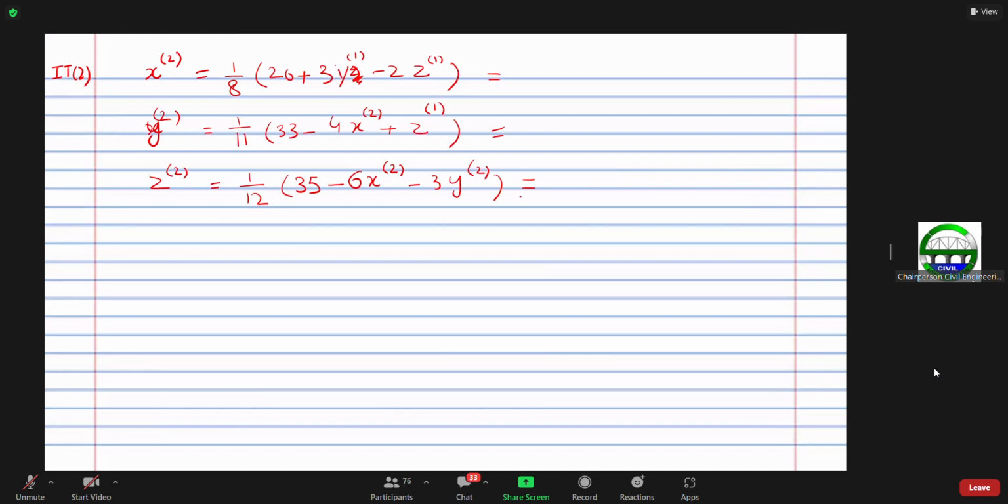Can anyone tell me the values? Okay, I will write it. 0.9141, this value. And then y2 should be equal to 2.0137. And x2 should be equal to 2.9981.